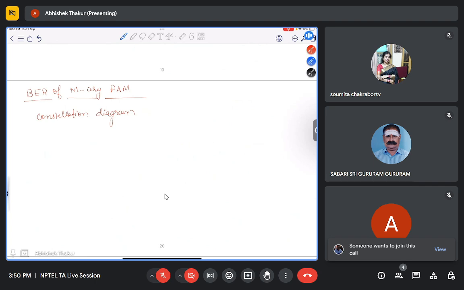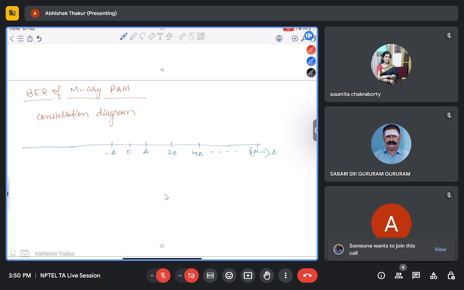In the constellation diagram, each symbol will be separated by 2 delta. The last will be (2M minus 1) delta.